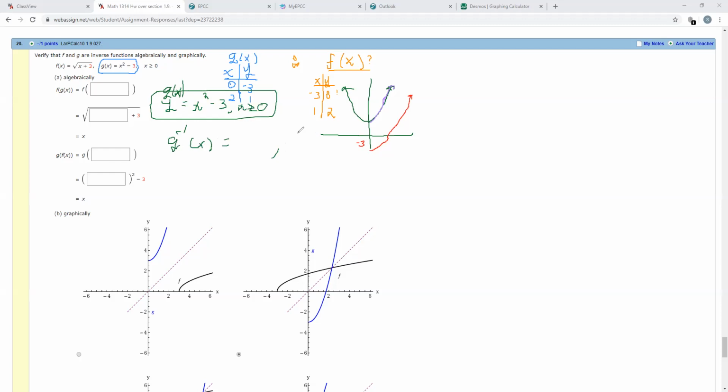So first of all, if x is greater or equal to 0, which they gave us, then on the inverse, y is going to have to be greater or equal to 0. And by the way, this was our choice, and y is greater or equal to 0 here. So let's see if we can get this equation, the square root of x plus 3, by computing the inverse ourselves.